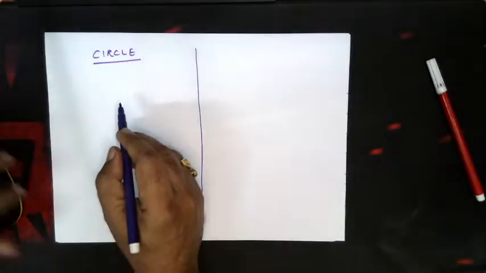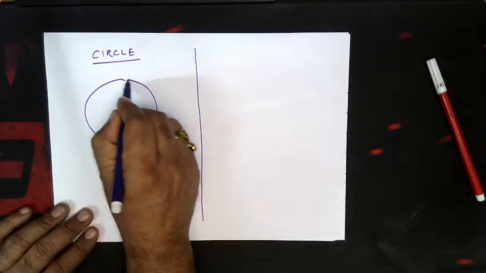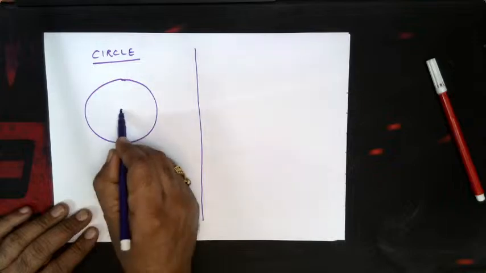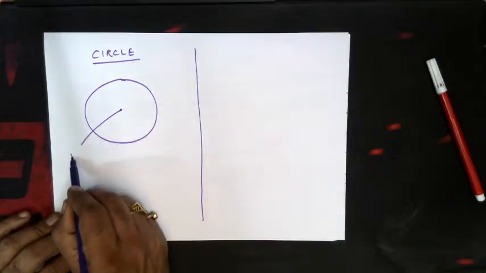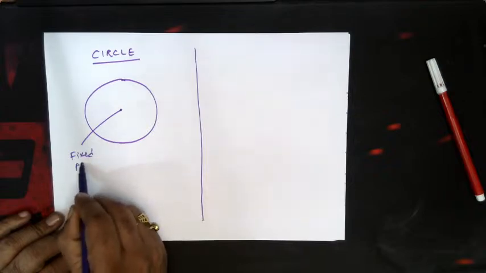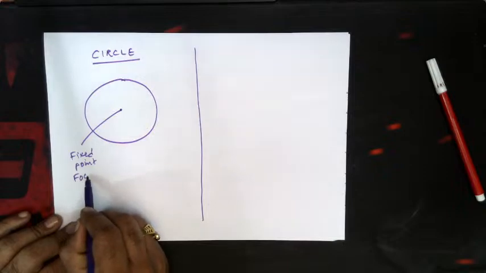Let me consider this circle. We have got two types of points. The center point is called the fixed point, and that is also known as the focus.